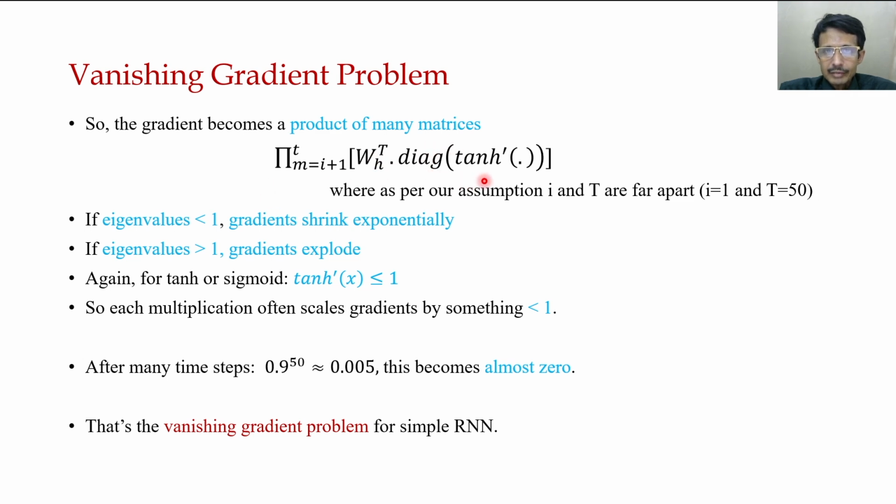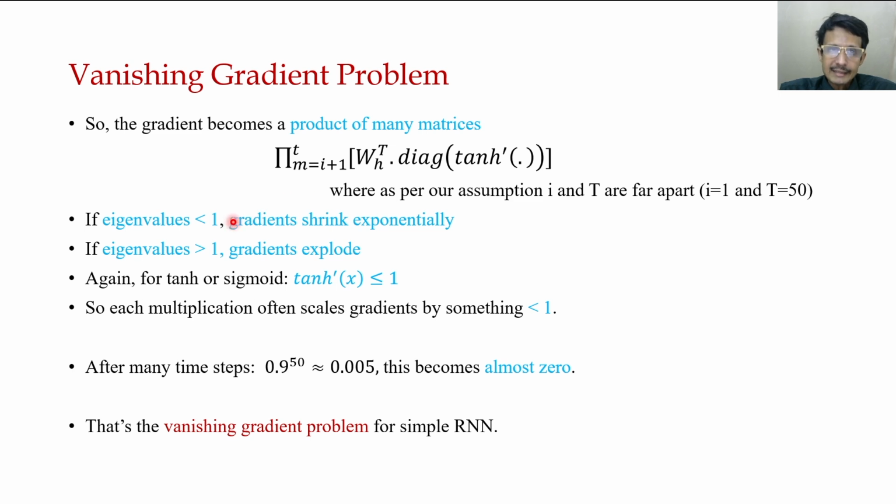And if this diagonal matrix's eigenvalues are less than 1, the gradient vanishes exponentially. There are two cases. One, if the eigenvalues of these matrices are less than 1, the gradient vanishes, and if the eigenvalues are greater than 1, the gradient explodes. That is the other case. But it is the diagonal value being small that is in general the case.